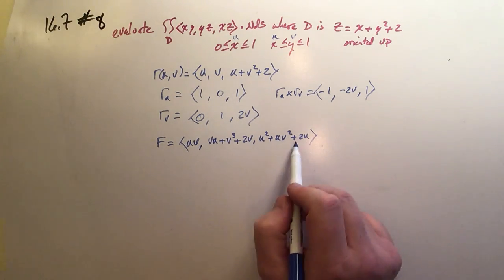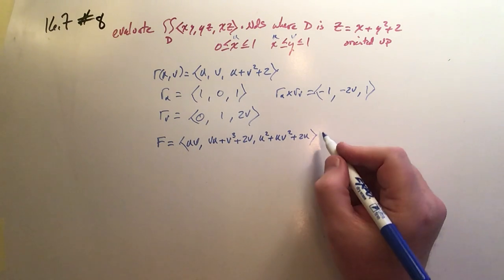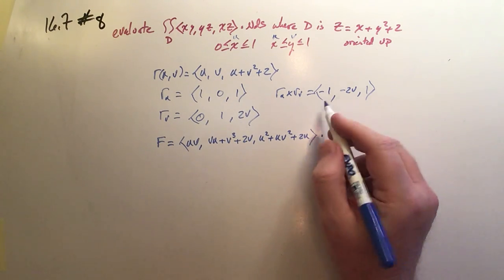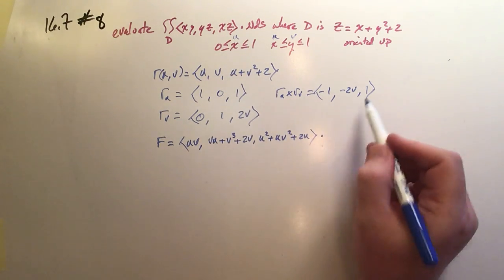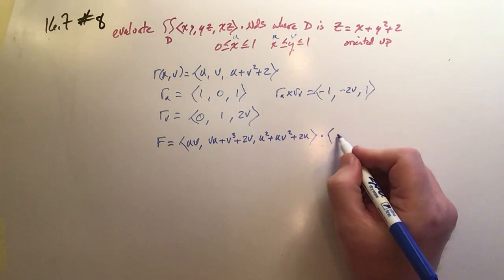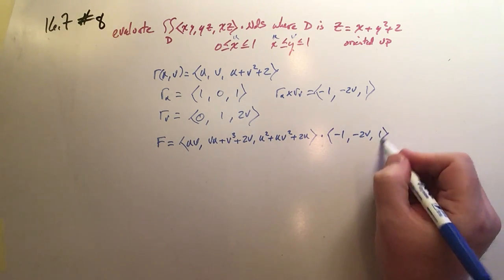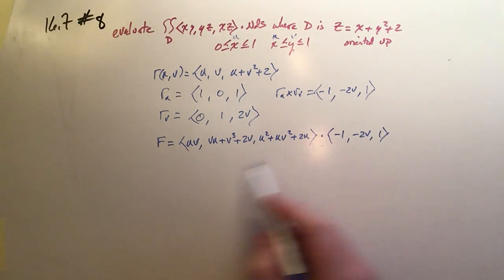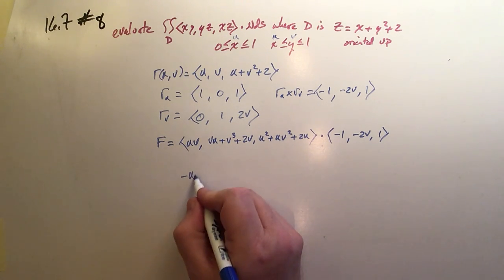That's the new F, and again, this is just written so that it's parameterized, and then I want to dot this with my n dS vector. So -1, -2v, and 1. Okay, so the dot product with this is -1 times this, so it's -uv.